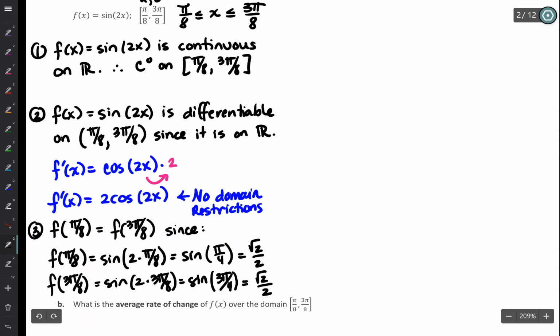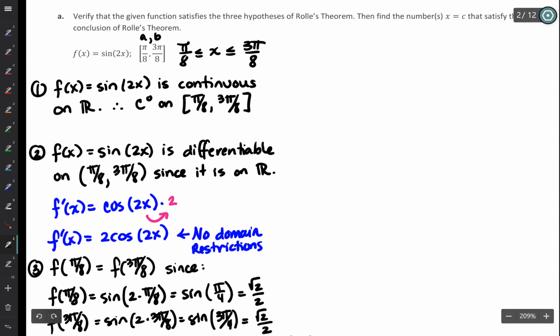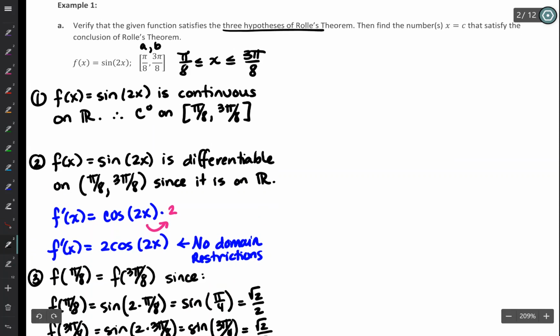The reference angle for 3 pi over 4 is pi over 4. So by 1, 2, and 3, those are the hypotheses of Rolle's theorem. We're now going to find the x values, x equals c, that lie strictly between pi over 8 and 3 pi over 8, such that the derivative is 0 there.